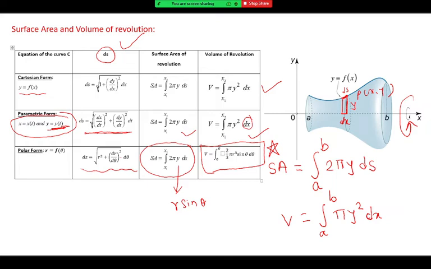Sir, what about the limit in surface area of revolution in polar form? The limit of rotation is always in terms of theta. So even though I say x1 to x2, you have to convert this into theta 1 to theta 2. All these are because we are rotating some curve between some angles, like theta equal to 0 to theta equal to pi by 2.